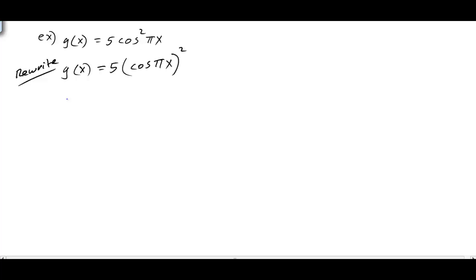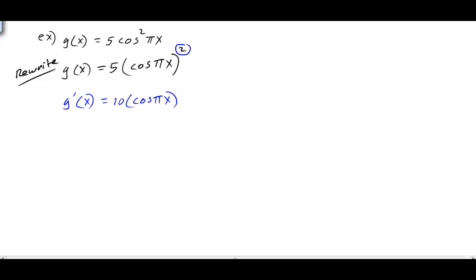And if we take the derivative, we know that the outside function here, the outermost function then, is the square. So we're going to take the exponent, and we can multiply that out front. Again, the 5 is just a multiplier, so 2 times 5, we would end up with 10. And everything else remains the same, cosine pi x. And we decrease the exponent, so that becomes a 1.